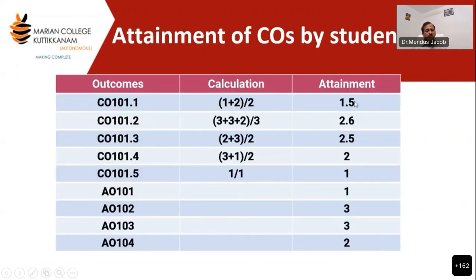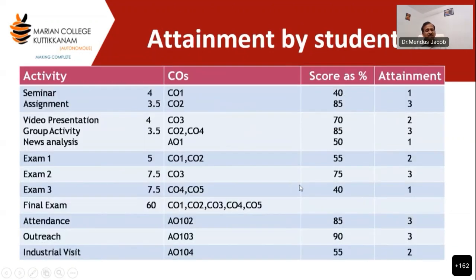So the calculation is 1.5. Actually, we have to take the weighted average. I think you might have seen it in yesterday's session, because if we have 10 or 15 different questions, each and every question you would be mapping to CO1 or CO2.